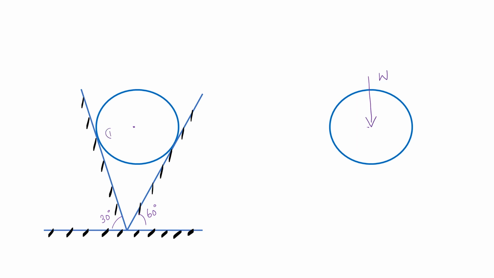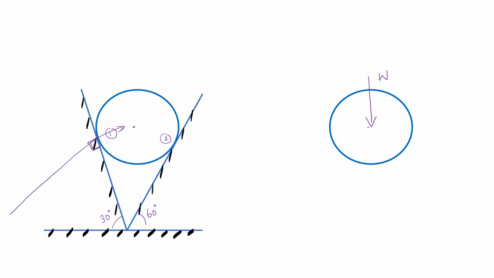Here there are two surfaces, this is the first surface and this is the second surface. So there is a reaction at both of these surfaces. Totally two reactions will be coming here, and the direction of each reaction will be perpendicular to the surface, so that reaction will be like this towards the center, and it is perpendicular to this plane.